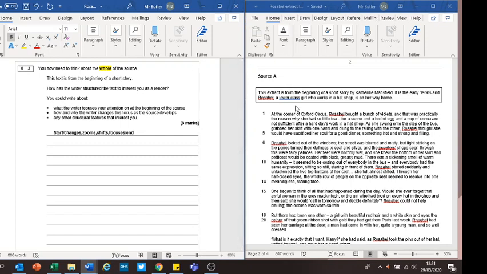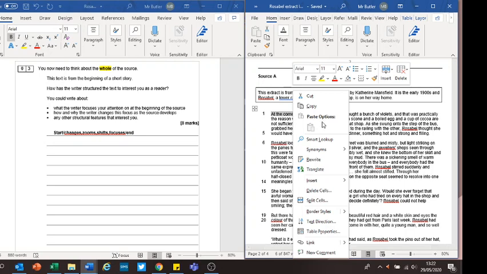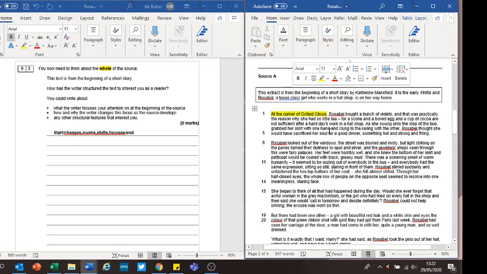So if we look at it, how does it start? Well, it starts with Oxford Circus. Now, it's a little bit London centric, but presuming that most students would realise that Oxford Circus is in London, so we're very busy, and it starts with getting on a bus after she's been at work.